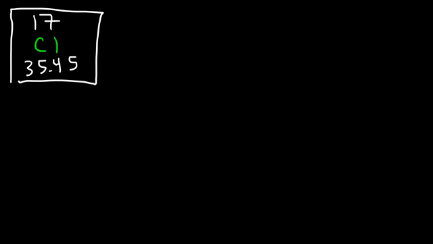So we're going to deal with chlorine. So here's the information that you need to know for chlorine. Now what I want you to do is write the electron configuration for the chloride ion. Go ahead and try that problem.